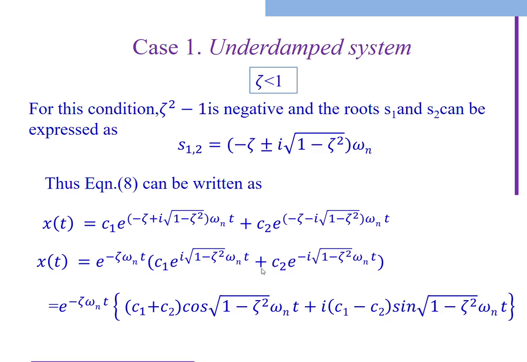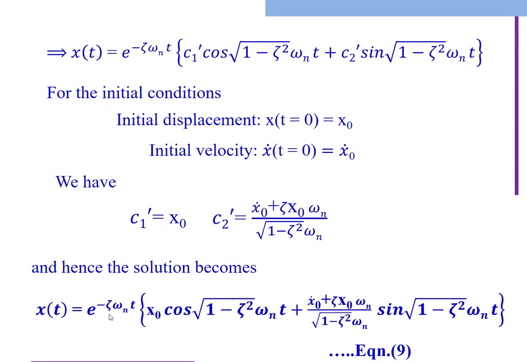If you take c1 plus c2 as common, then we can get this one. Sorry, cos under root of 1 minus zeta square into omega n into t. If you take this as common, then we get c1 plus c2. Similarly, for the imaginary part also we used to take an equation like this. Okay, these are the two equations we can get from this underdamped system.